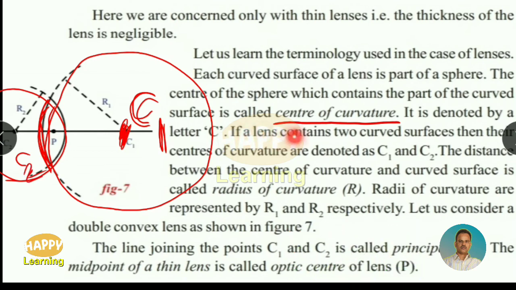If a lens contains two curved surfaces, then the centers of curvature are denoted as C1 and C2. So for this first surface, the left hand side, this is the sphere, and this is the center, so it is C1.